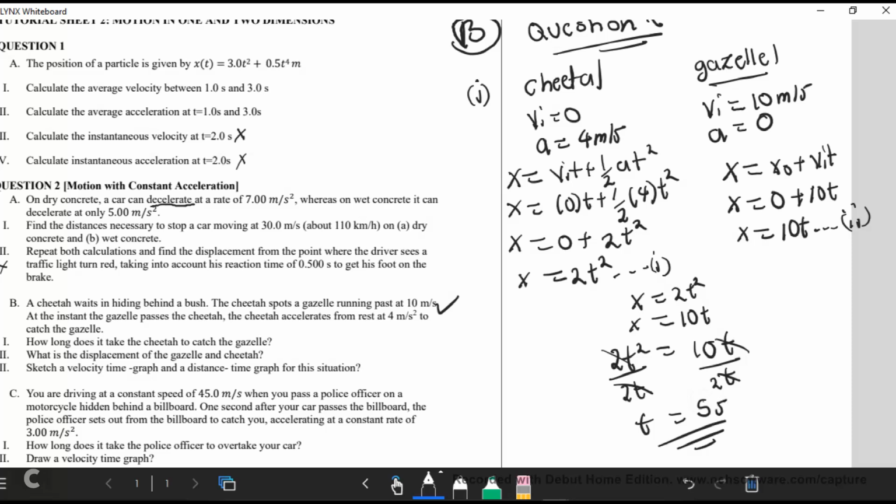It means that the cheetah catches the gazelle in 5 seconds. So that's how you answer question 2A. Now let's go on to question 2B.